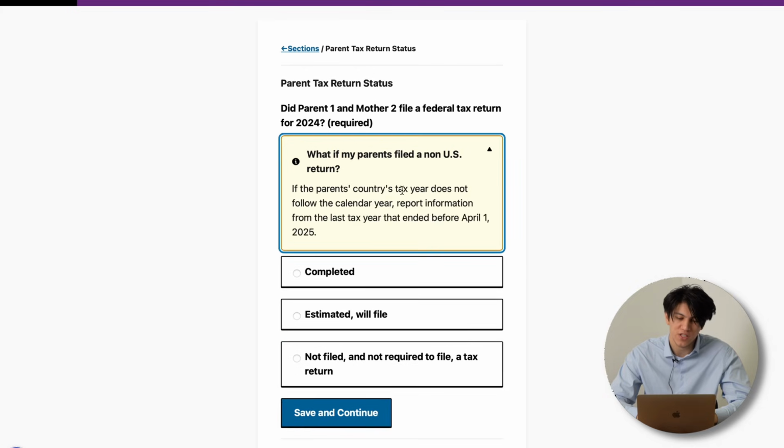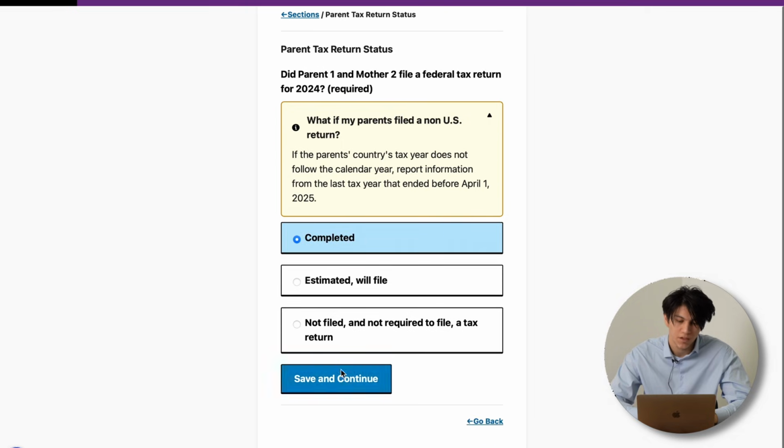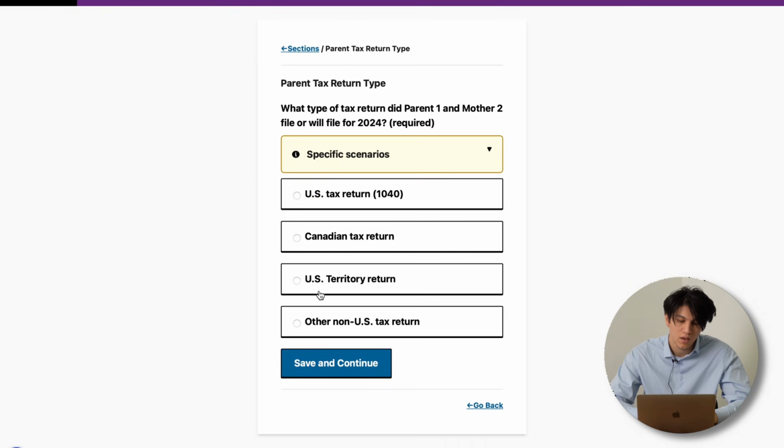If the parents' country's tax does not follow the calendar year, report information from the last tax year that ended before April 1, 2025. So that means that you put completed, right? But they completed other non-US tax return.